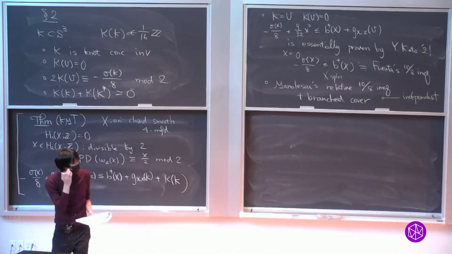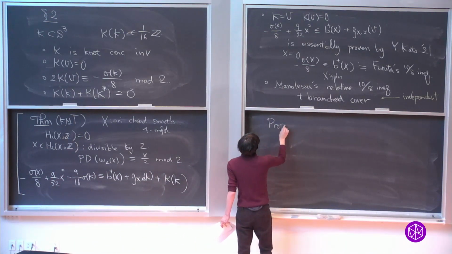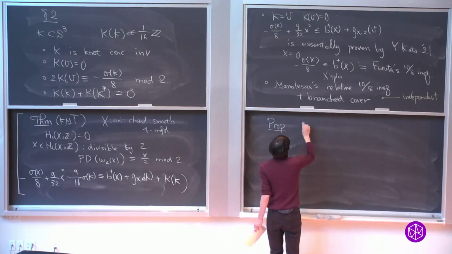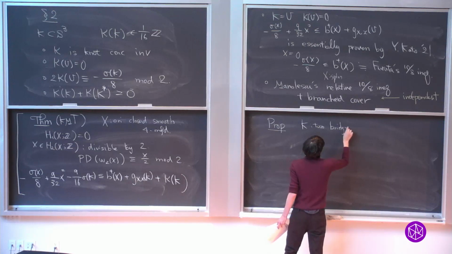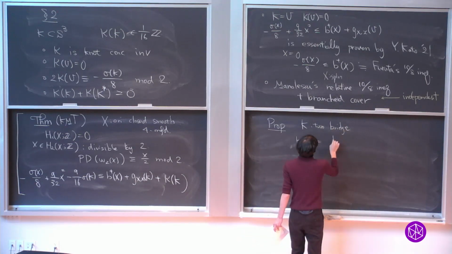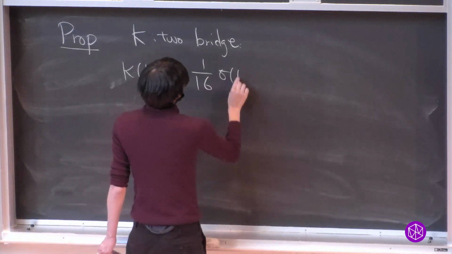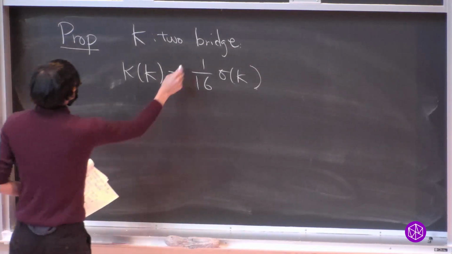So then let's focus on several fundamental computations for the kappa invariant. If K is a two-bridge knot, then the kappa invariant is just minus 1/16 signature of K. Sorry, I forgot a minus here.